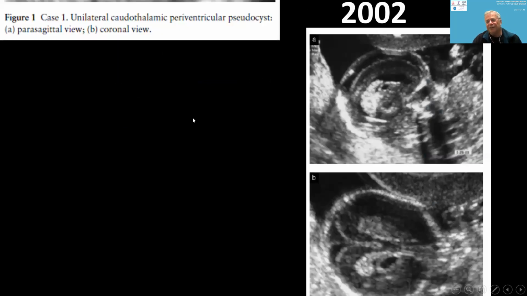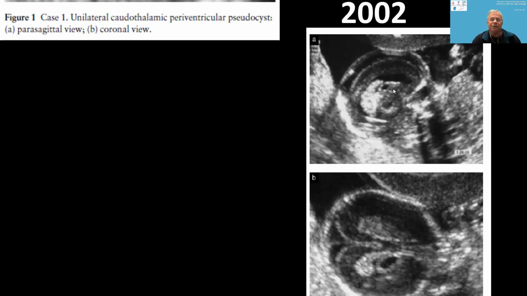Even today, even the best sonologists cannot distinguish between this cyst and periventricular pseudocyst. This is a case published by one, in my opinion, of the best brain sonologists in the world.